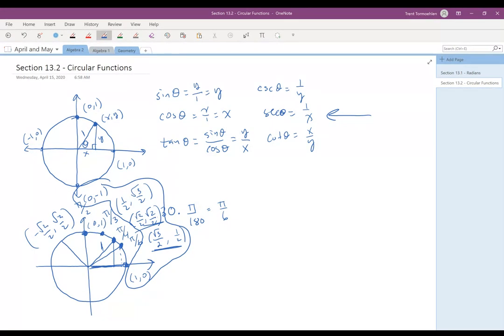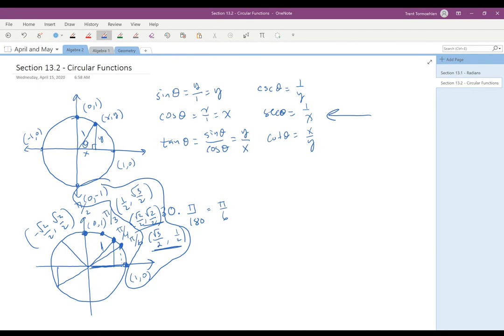If it's a reference angle of 30 degrees, I just remember that one of the two coordinates is 1/2 and the other is √3 over 2. And so if it's a 30-degree angle, when you draw it in, it's obvious which one is smaller, right? The y value is smaller.